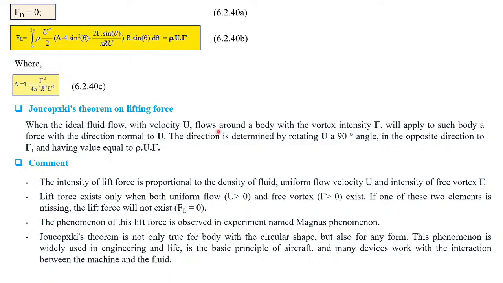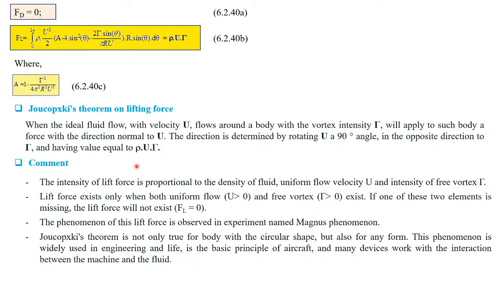We come to the comment. The intensity of the lift force is proportional to the density of the fluid here, and the uniform flow U here, and the intensity of the free vortex gamma.